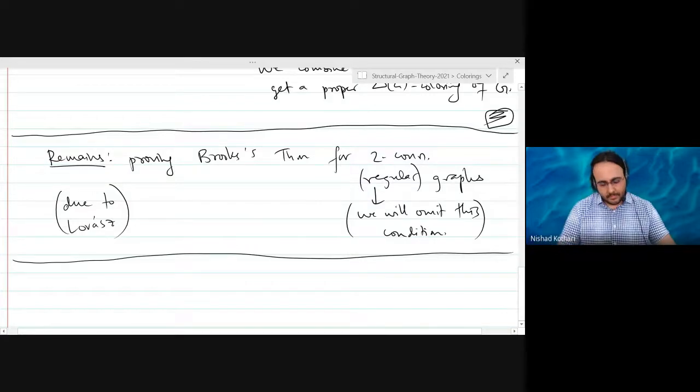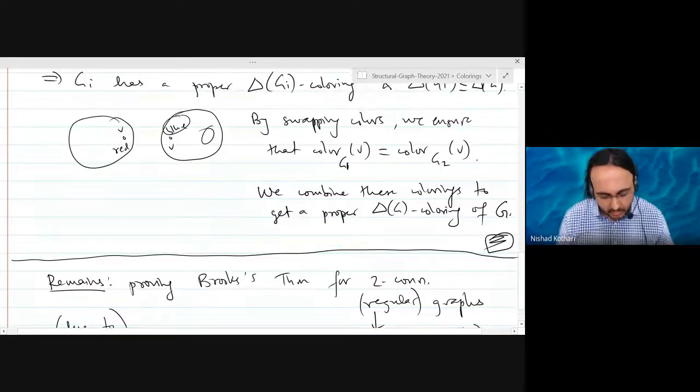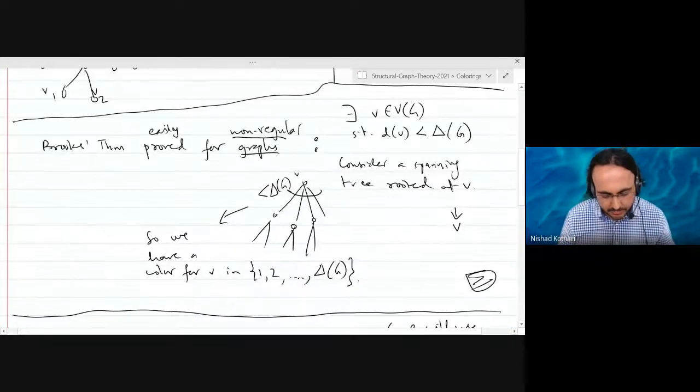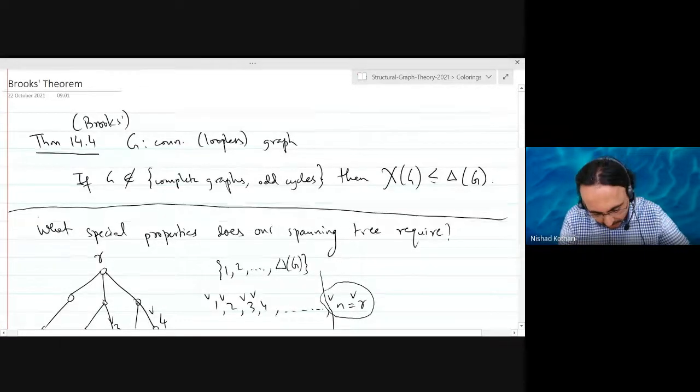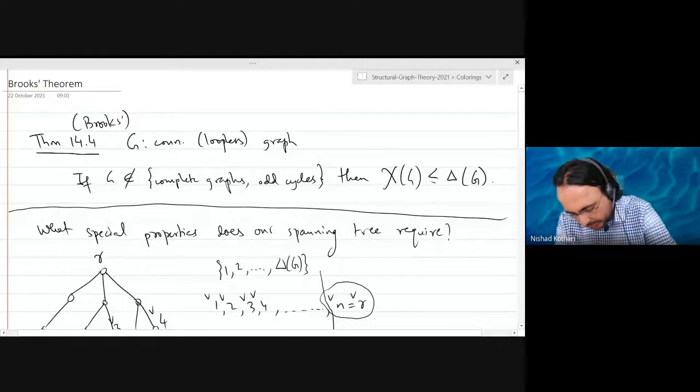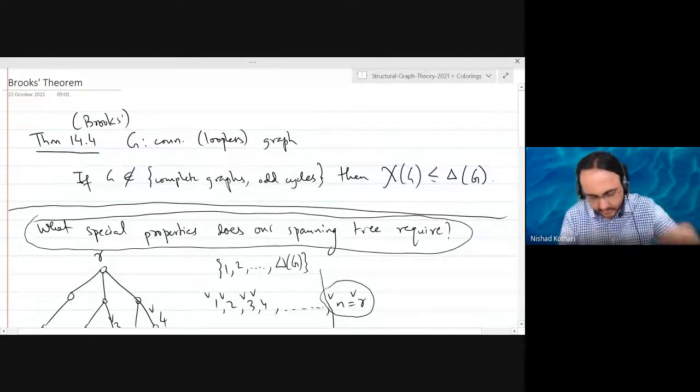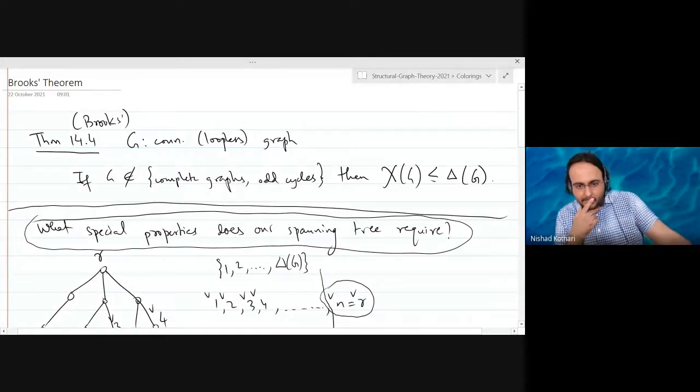All right. So now I wanted to go back to this whole idea about spanning tree. What special properties does our spanning tree require? This is relevant for the two connected case.